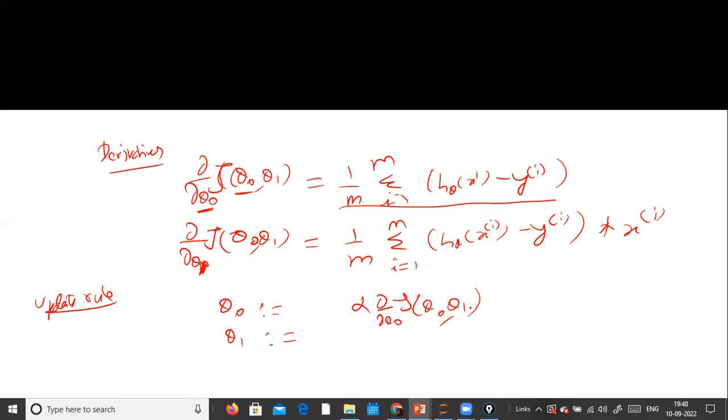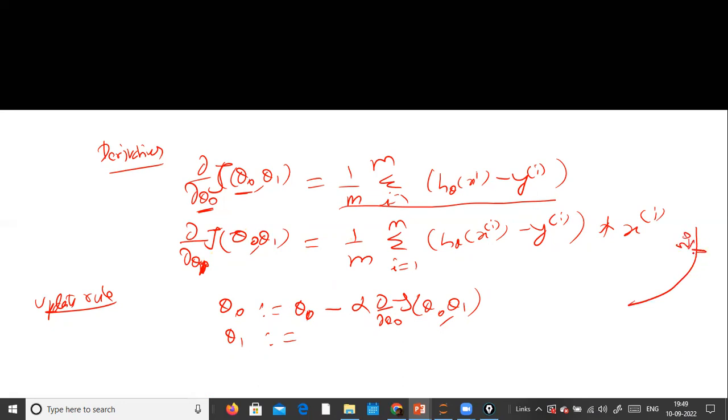And when you multiply the learning rate with this derivative term and subtract it from your current position, you remember in the curve, the person was standing here.